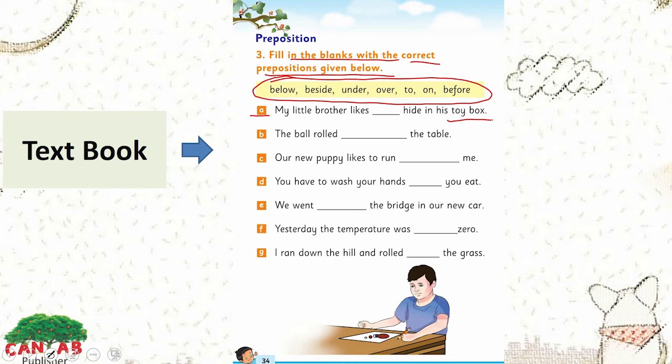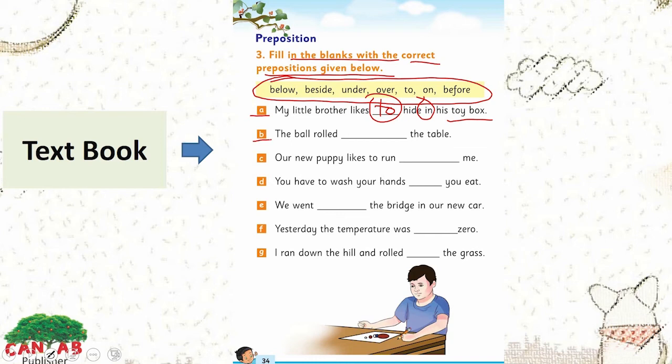What will be the correct preposition here? Yes, to hide in his toy box. Here we have two prepositions, to and in, in this one sentence.